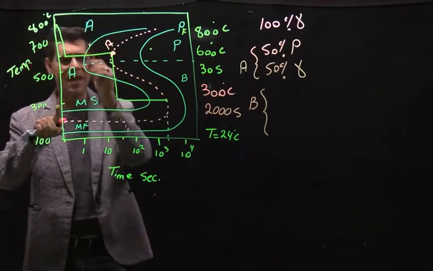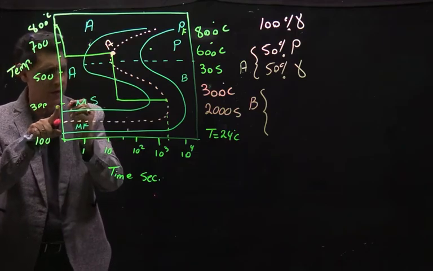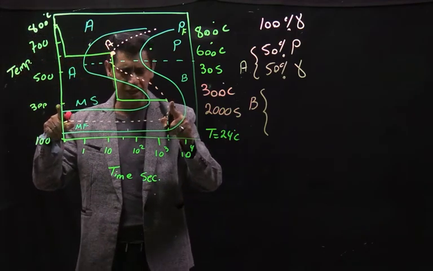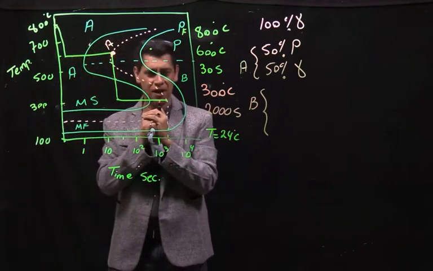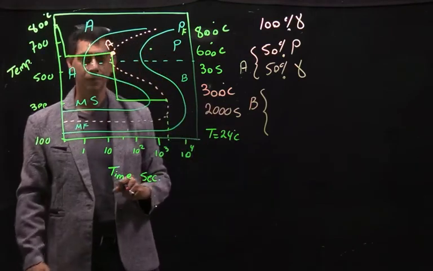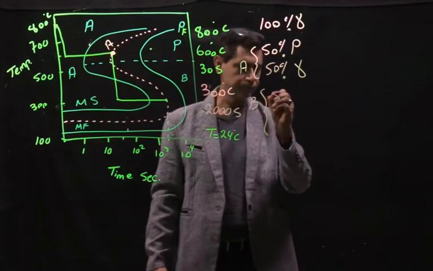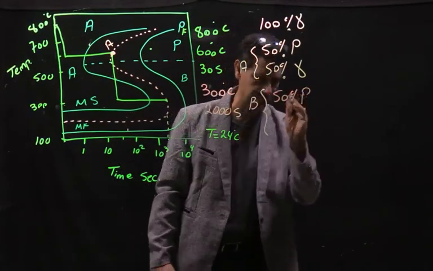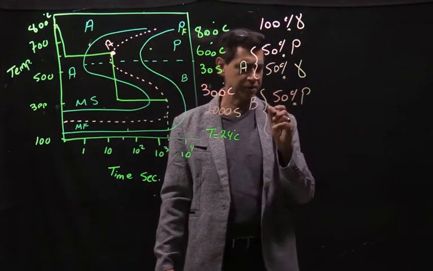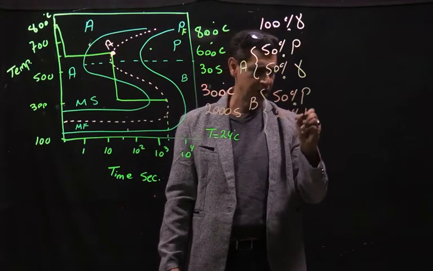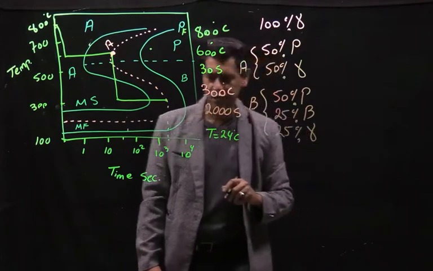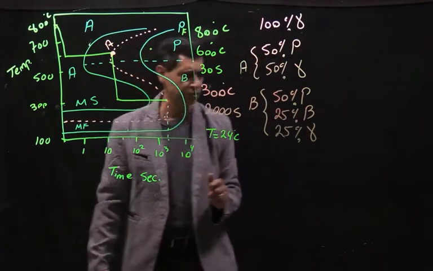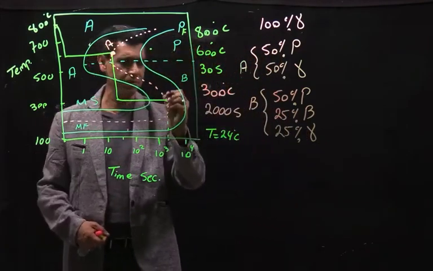It would have been the same thing if I bring it all the way down and I give 2000 seconds. 50% of whatever amount of austenite I have forms bainite. So 50% of that is 25% bainite and 25% still unstable austenite. And then I go to room temperature. So this is point B.